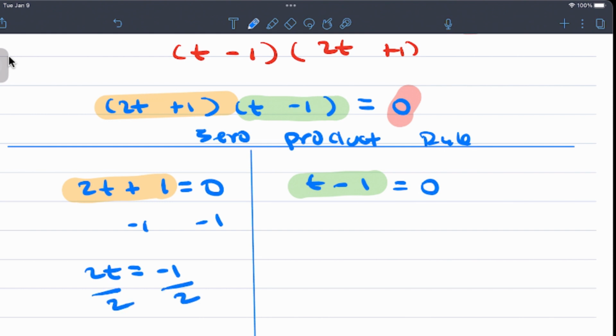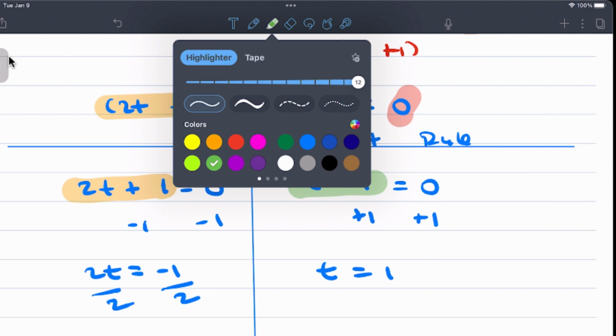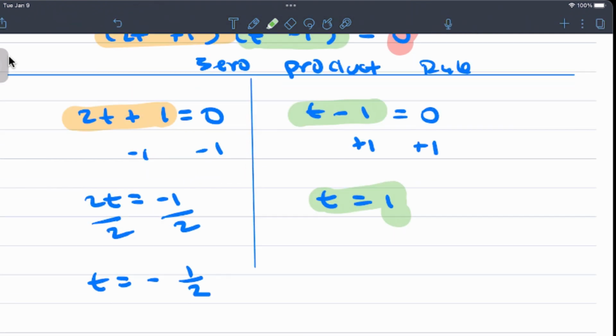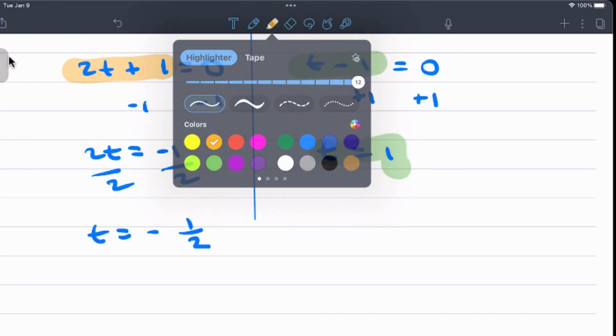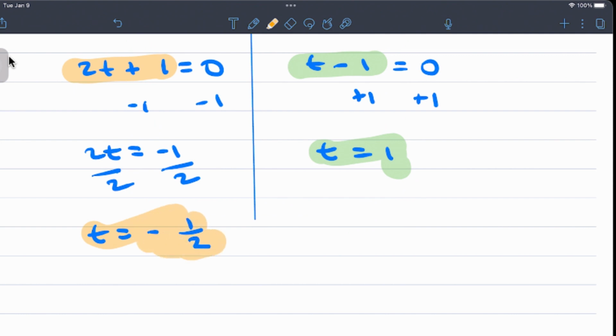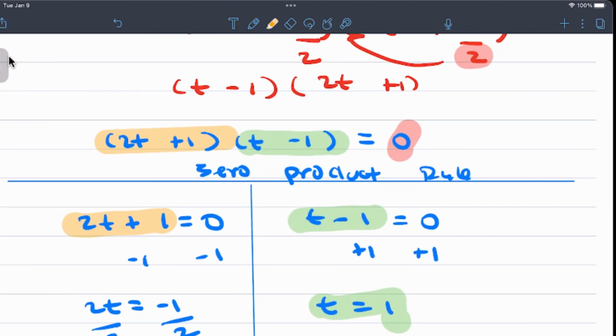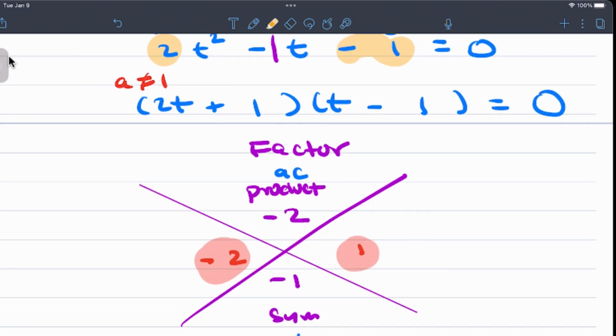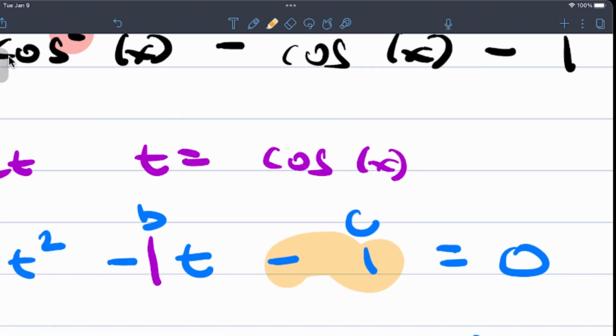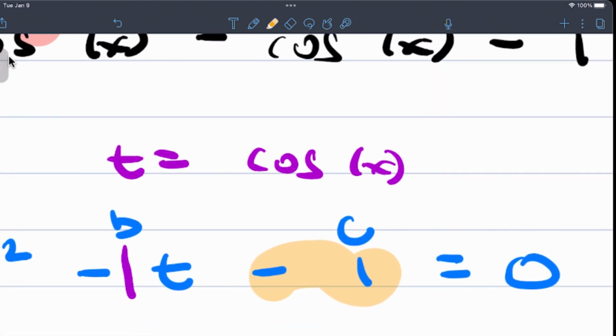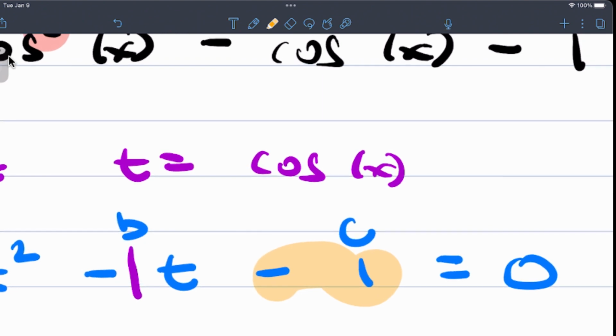Divide both sides by 2. t is -1/2. Add 1, and t is 1. Okay, so don't forget what t was to begin with when you did the substitution. t is cosine.